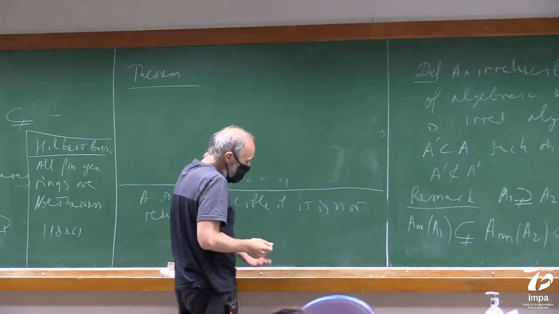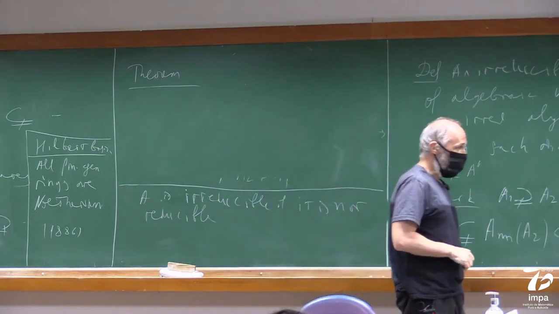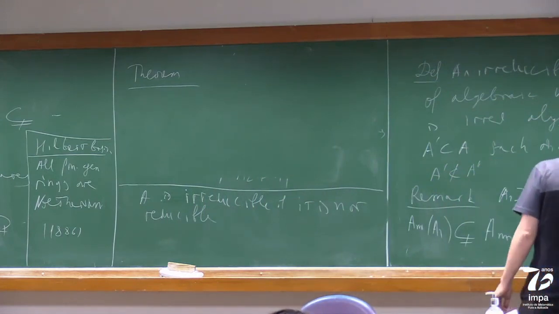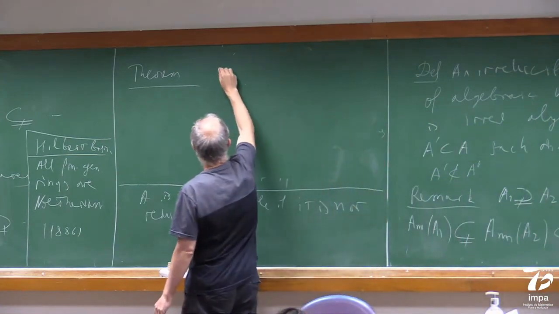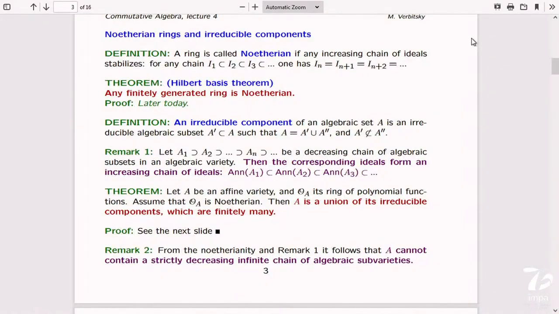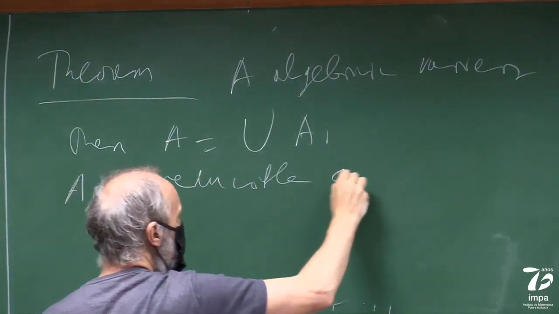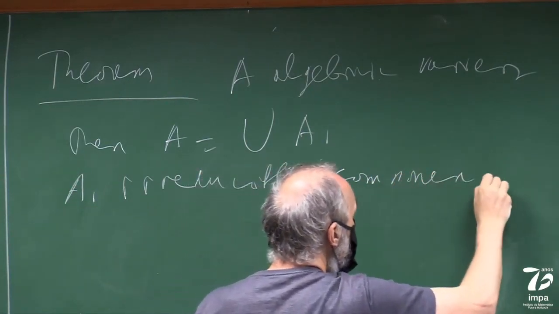But for most purposes, the geometric definition, the geometric theorem and geometric intuition is much better. So suppose A is an algebraic variety. Then A is a union of its irreducible components, and there are finitely many.